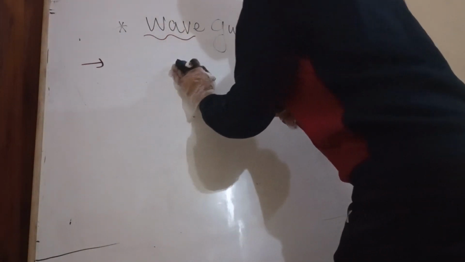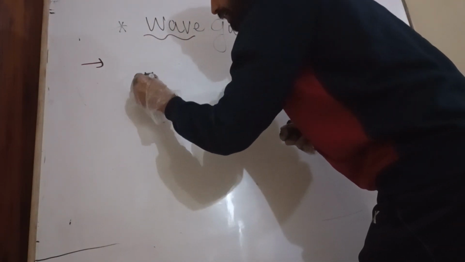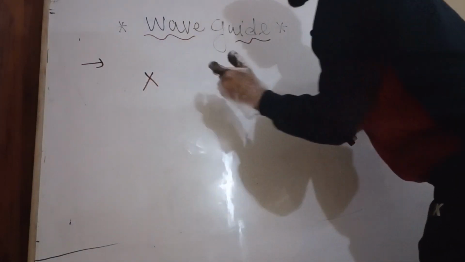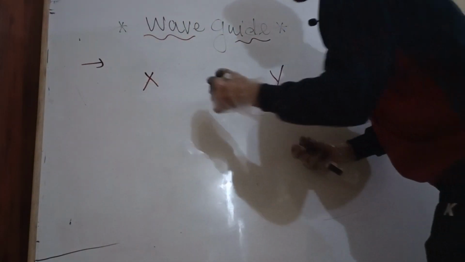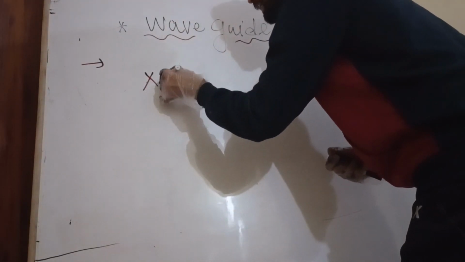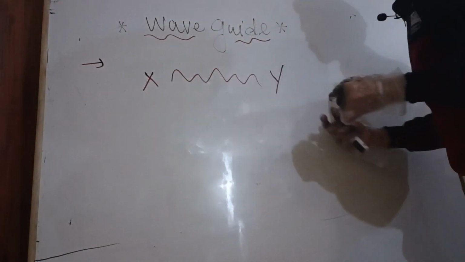Why do we actually use it? Let's say there is one person x and one person y, and they want to communicate with each other.